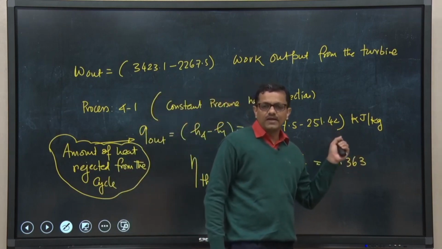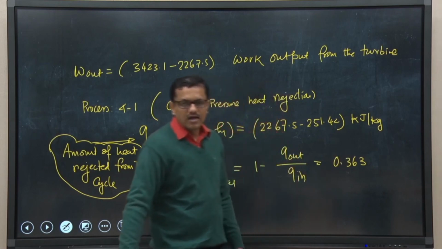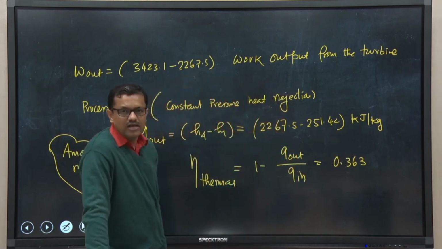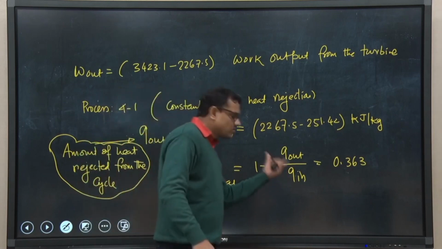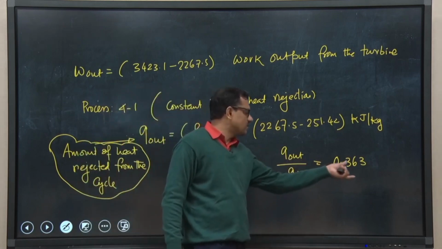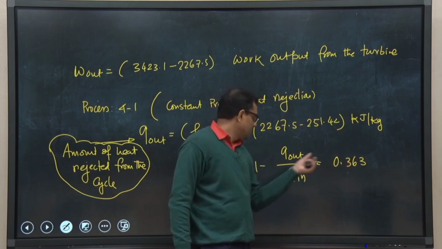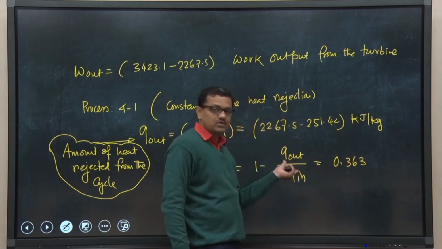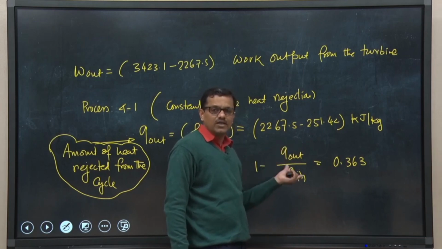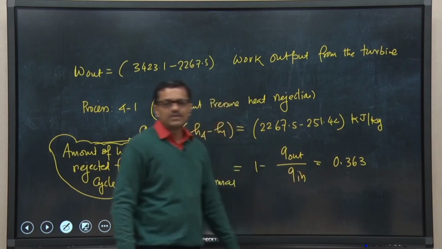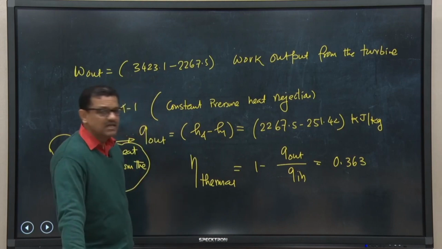Before I complete this session, you can also check whether efficiency comes out as 36.3% by calculating W out by Q in, and see whether it equals this value or not.